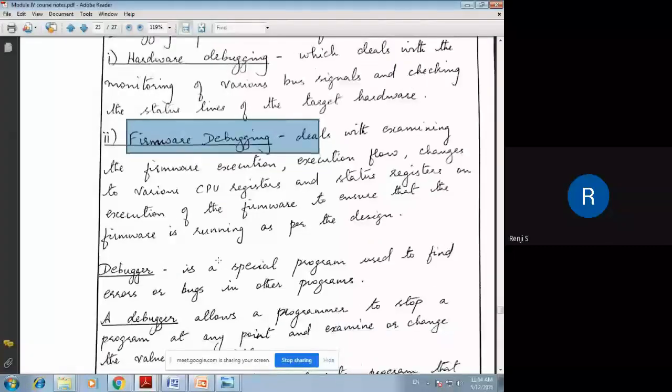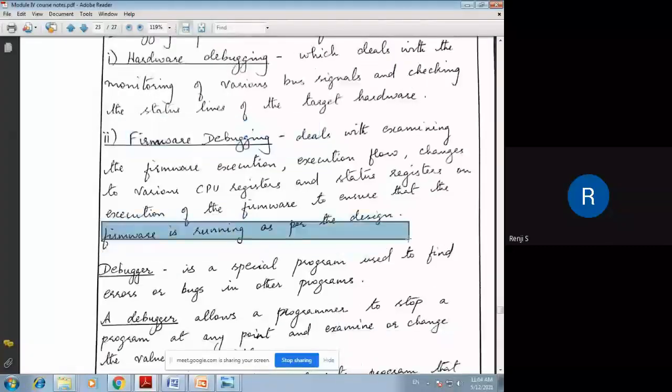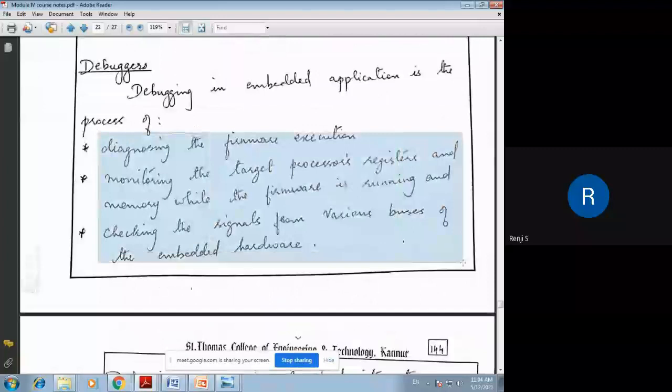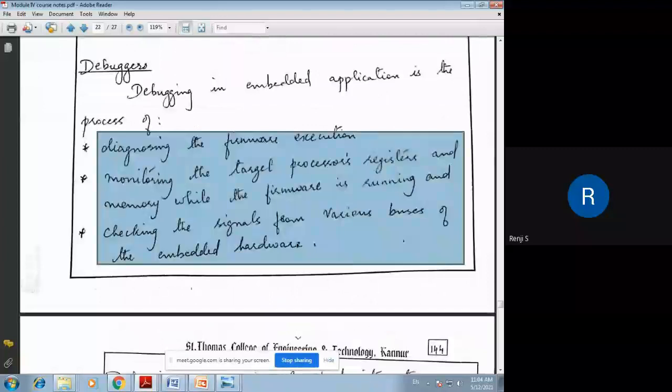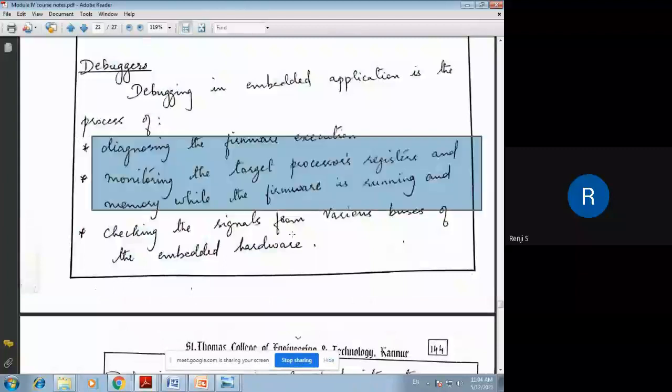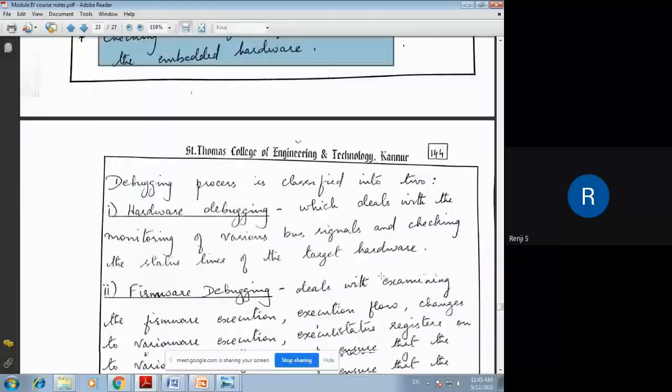This is done to ensure that the firmware is running as per design. So, these 3 points which we have discussed can be classified into two kinds of debugging. The first 2 points come under firmware debugging, and the last comes under hardware debugging.